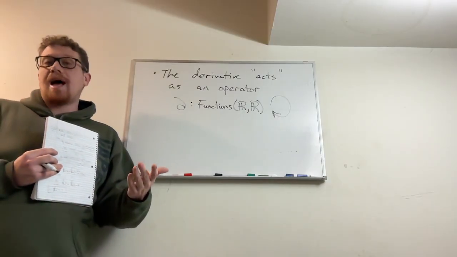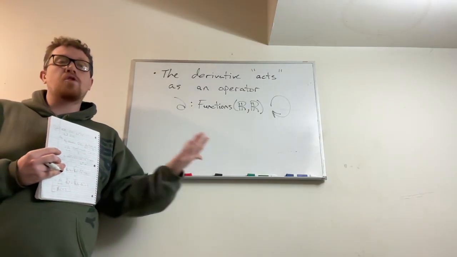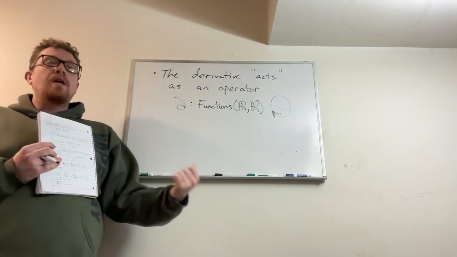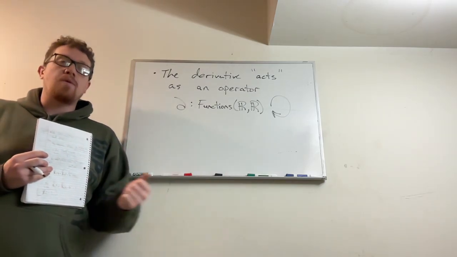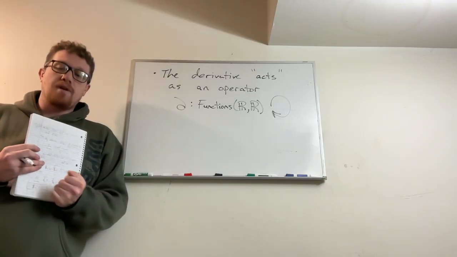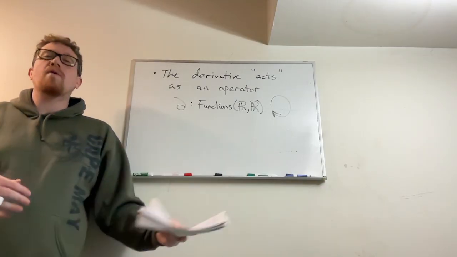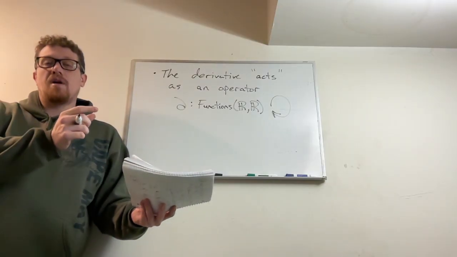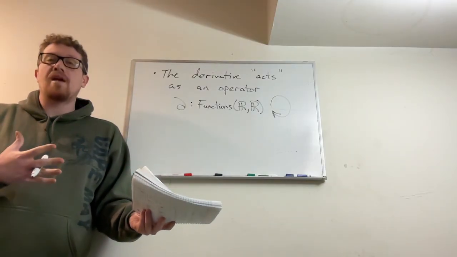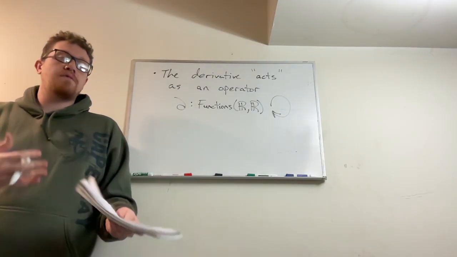Some functions, like the absolute value, have no derivative at particular points, and other functions might not even be continuous anywhere, so they're definitely not going to be differentiable either. So you have this whole array of functions. Sometimes they have derivatives at all points, sometimes just some subset of the original domain, and sometimes they don't have a derivative anywhere, right?